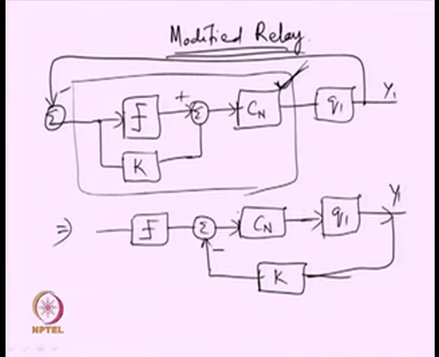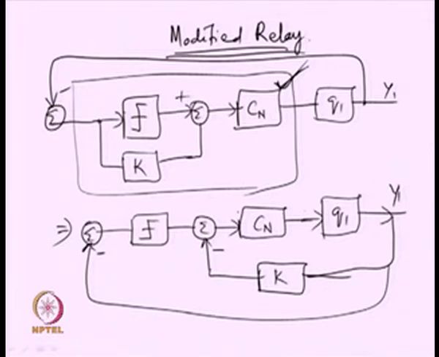Now, the equivalent form of that can be represented in this form, and subsequently you have got the negative feedback over here. So, the equivalent block diagram of the upper one is given below, and interestingly the gain K connected in parallel with the relay is found to be available in the inner feedback path.